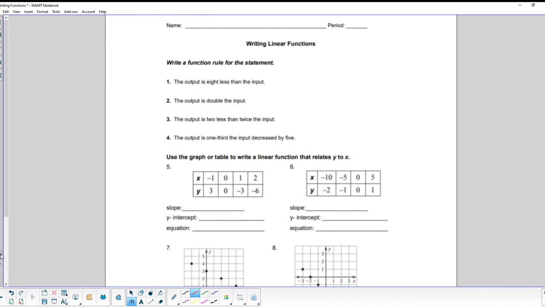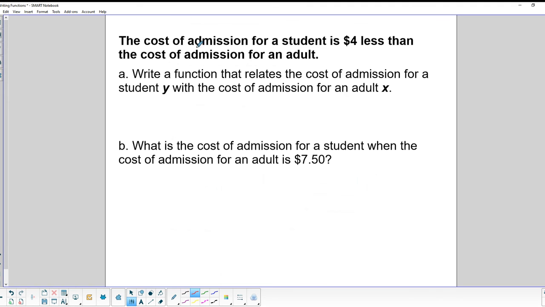Okay, let's see here. We're getting close. We got one last example here. The cost of admission for a student is $4 less than the cost of admission for an adult. Write a function that relates the cost of the admission for a student Y with the cost of the admission for an adult X. So it says up here that the cost for a student is $4 less than the cost of the admission for an adult.